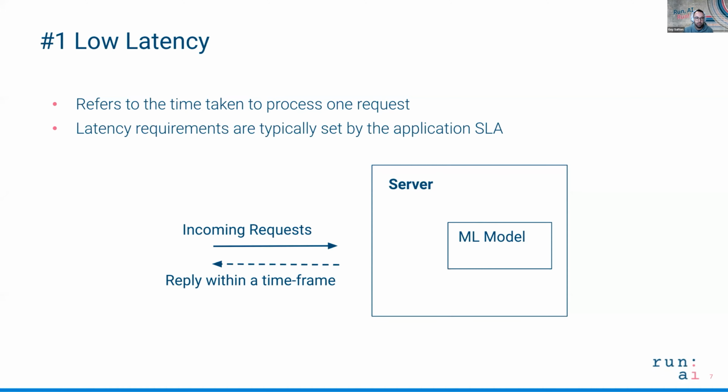Usually with models running in production, we'll have latency requirements defined by the application SLA. Let's say we have a requirement that a request must be answered within 200 milliseconds. So this is one requirement, that we will have latency as low as possible.